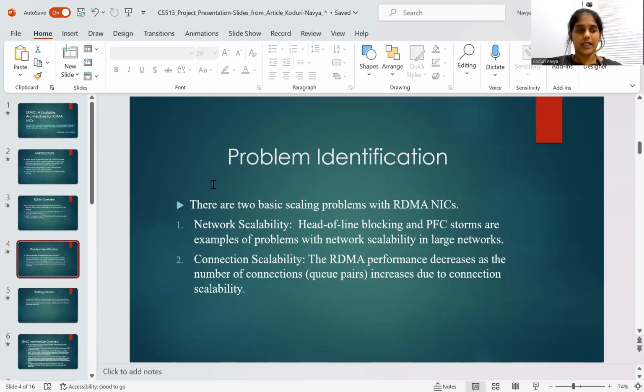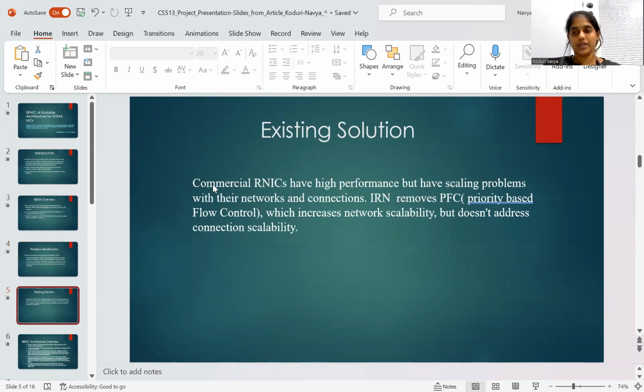Going to the next slide, let us discuss the existing solution. What is the existing solution for this problem?